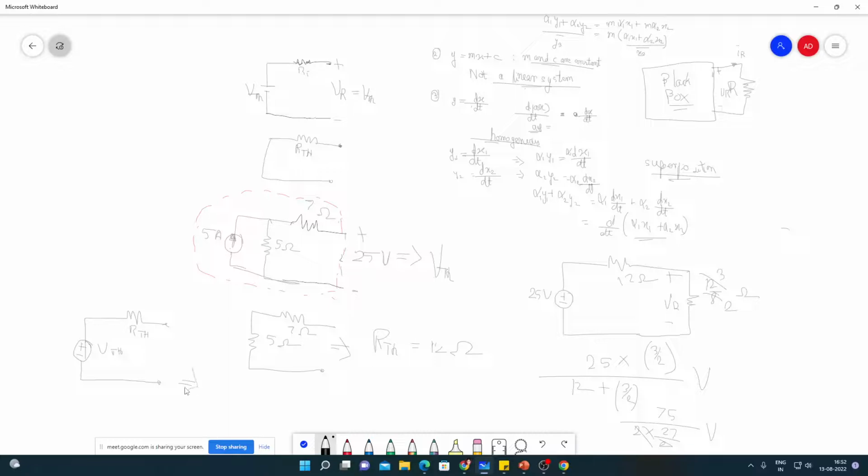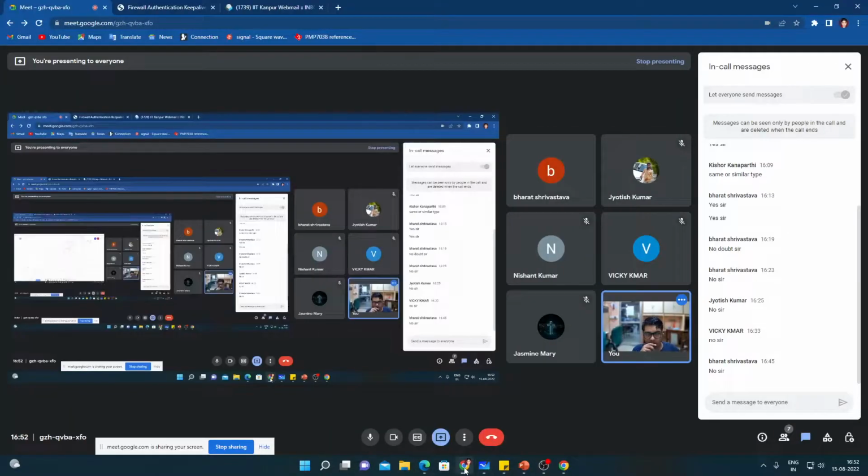It states that you can convert this Thevenin equivalent into an equivalent current source in parallel with the Thevenin resistance, and the current source will be VTH by RTH. This is basically what source transformation is. Any doubt? No, sir.